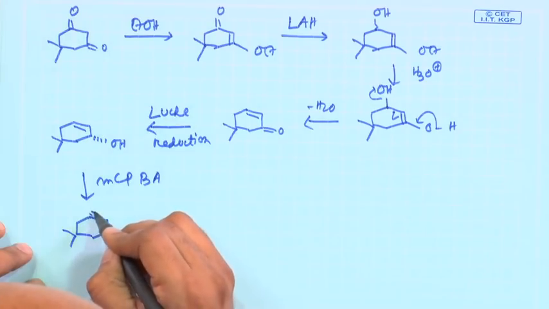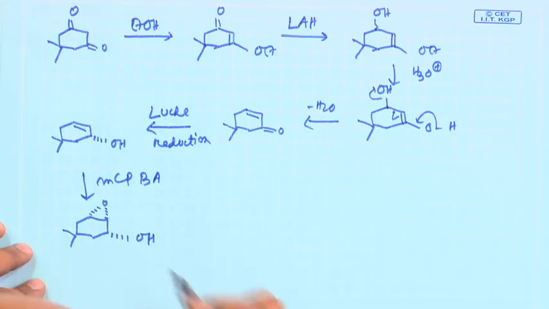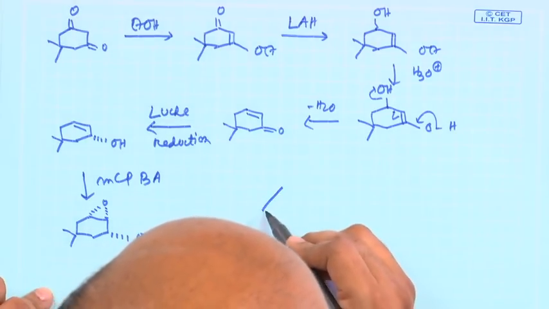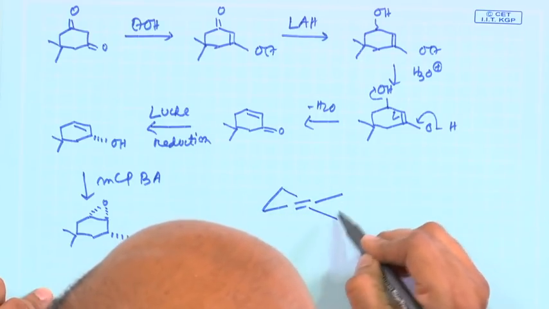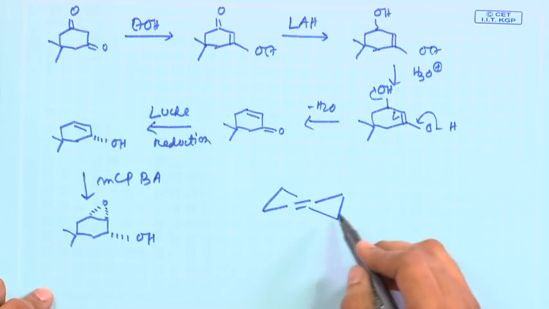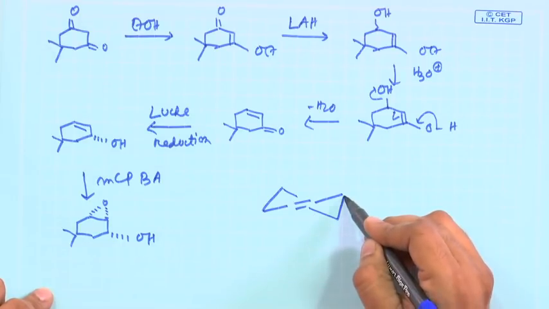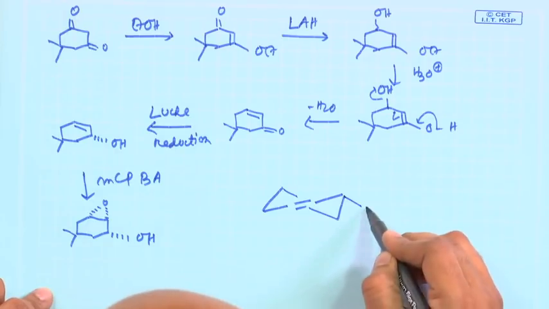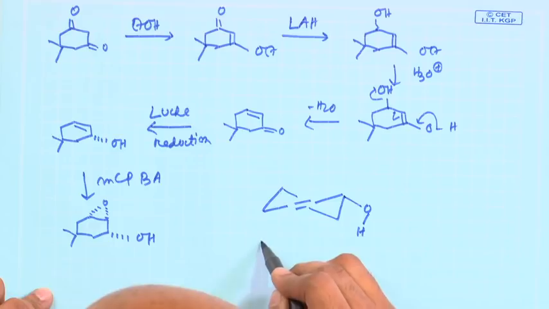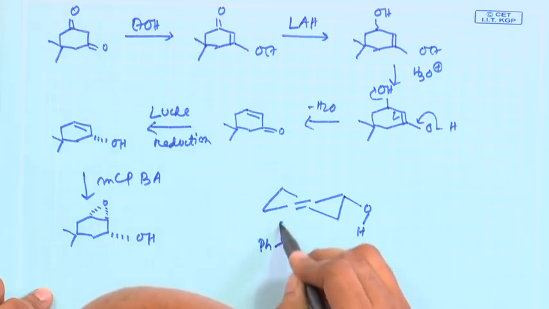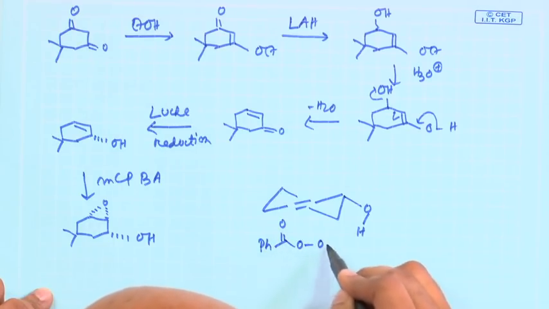Now, when you subject this compound to mCPBA epoxidation, you will end up with hydroxy directed epoxidation. This is a very interesting reaction. Normally, the stereochemistry can be explained through a chair type of geometry. We said the hydroxy is below, so it has this kind of geometry, and mCPBA is basically a peracid, C double bond to OOH.